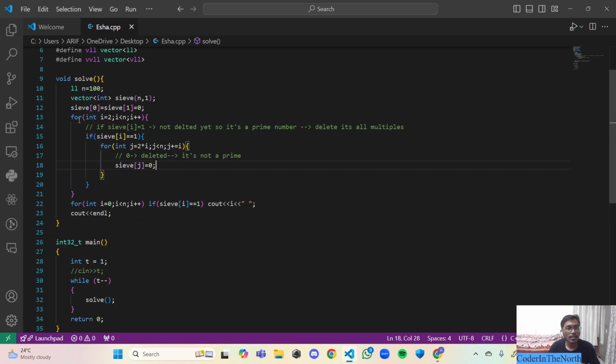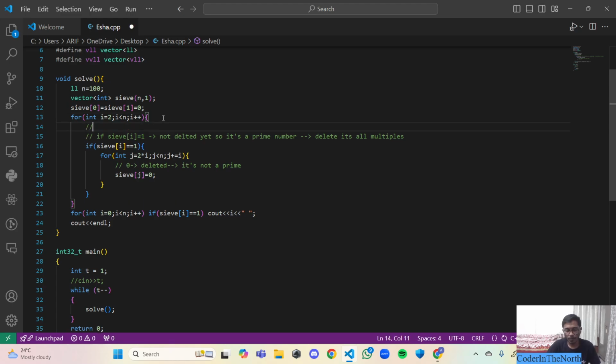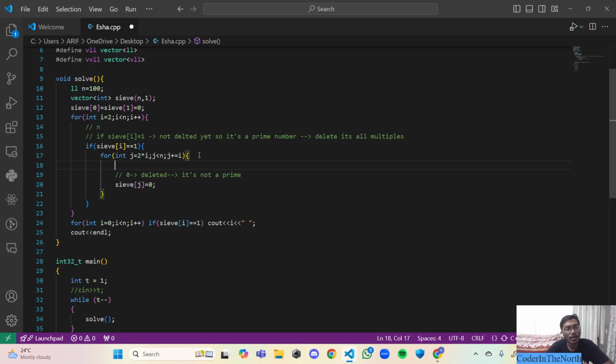And what it does, it takes time complexity of what we are iterating here for n, and inside, what are we doing? For every n, we are going over how many multiples of that number are in that range.